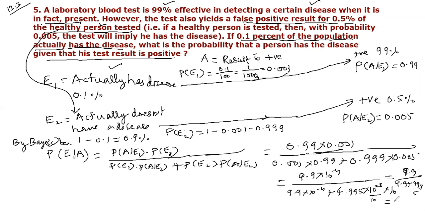So the result will be equal to 99 upon 598, that is 0.1654. Final result, 0.1654.